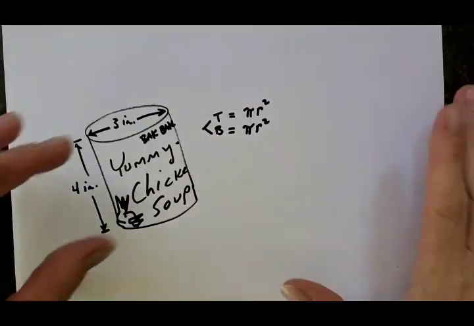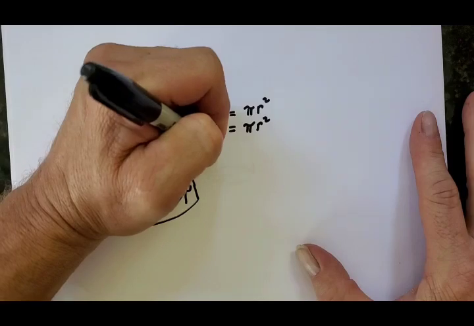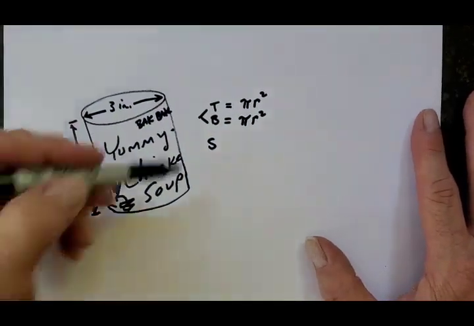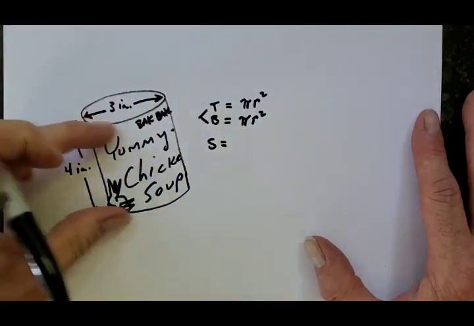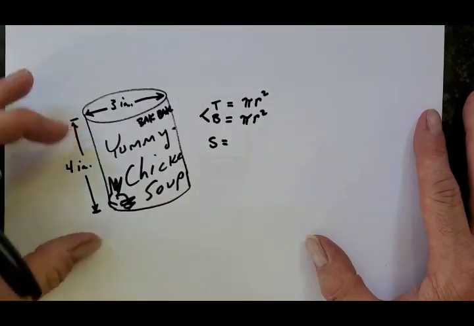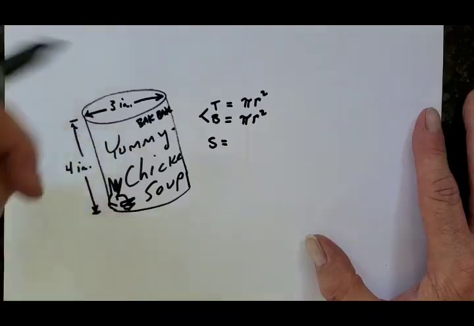Now, for this large rectangle, I'll just call it the side, and this is often referred to as base area. Now for the side, the width of that very long rectangle is how tall this can, the label, is. So it's 4.